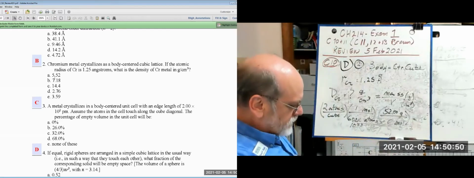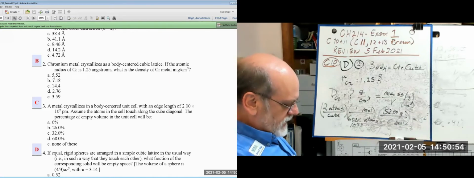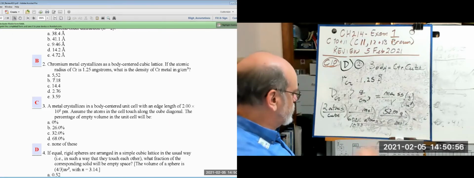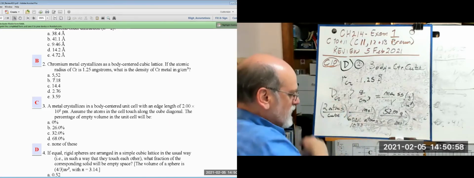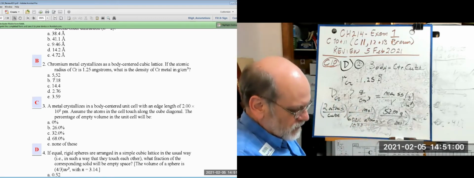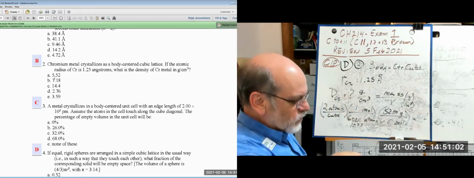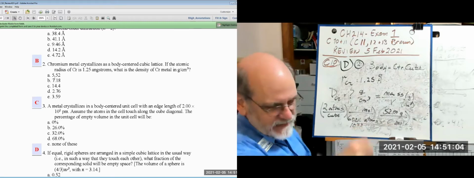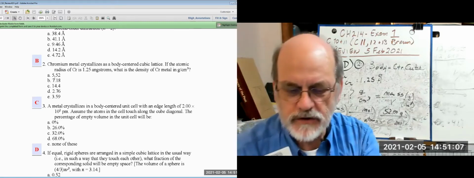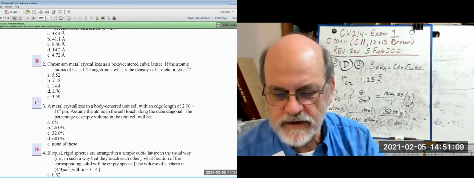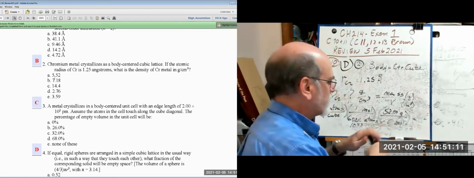So we have 2 atoms. We have 6.02 times 10 to the 23rd divided into it, right? Divided in, and then multiplied by 52. So that's 1.728. I'm going to hang on to a few decimal places. 1.728 times 10 to the minus 22.